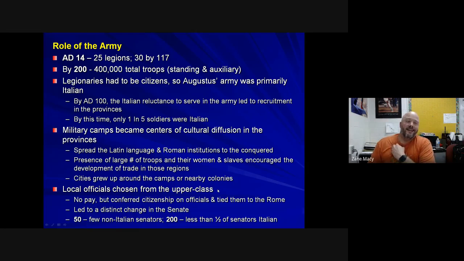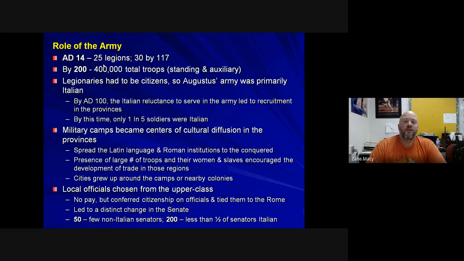Just to give you an idea of how the army had to expand to address this problem, when Augustus died in the year 14, Rome had 25 legions. By the time you get to the year 117, it had jumped to 30 legions.